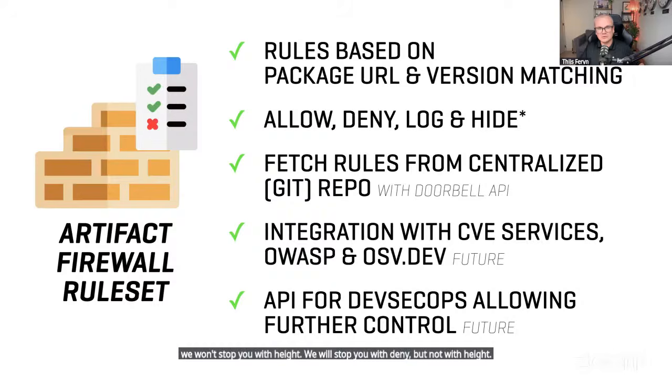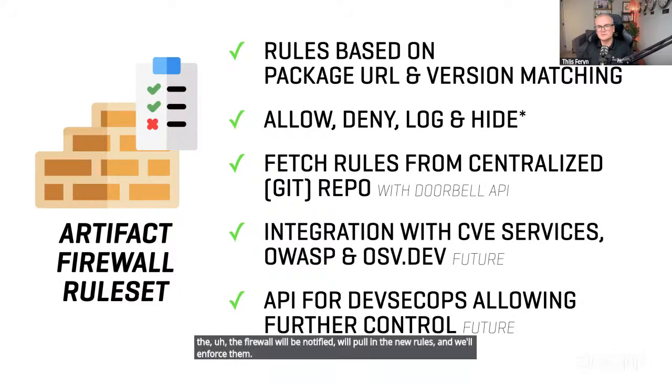And we allow all those rules to live in YAML files that you can host on a centralized repository, maybe even a GitHub repository. And we provide a doorbell API. Every time you post new rules to it, the firewall will be notified, will pull in the new rules and will enforce them.